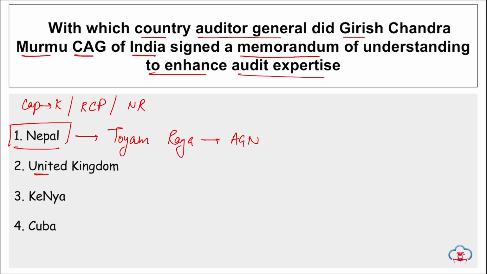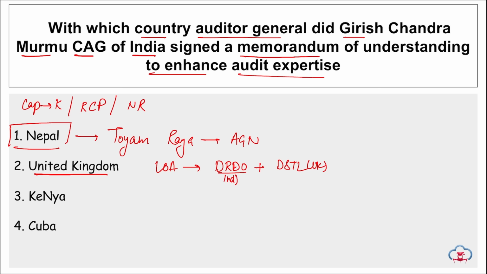If we talk about the UK, our Defense Minister Rajnath Singh visited the UK on 9th and 10th of January 2024, and they signed a letter of arrangement and a memorandum of understanding. The letter of arrangement, not agreement, was signed between DRDO and DSTL, the Defense Science and Technology Laboratory of the UK.